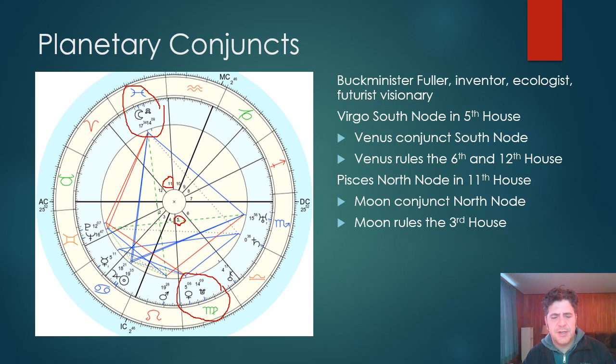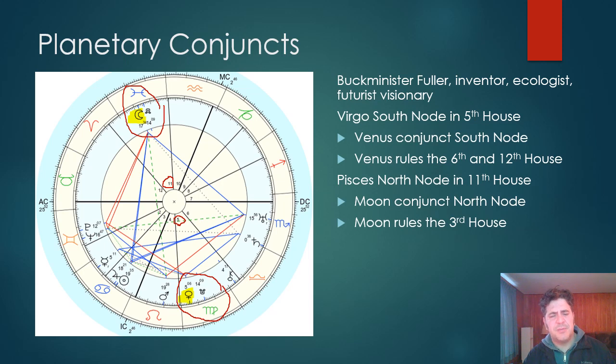So now let's look at his conjuncts. He has the lunar conjunct in the north node and the Venus conjunct in the south node. Venus conjunct the south node: Venus is about relationships, pleasure, aesthetics, beauty, artistic type of stuff.